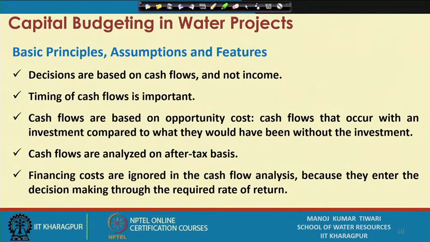Of course, income will be related to the cash flows. If this is the cash flow into the system and this is my cash flow out of the system, the difference between these is going to be the income at that given time, but the approach basically considers the net cash flow into the system.